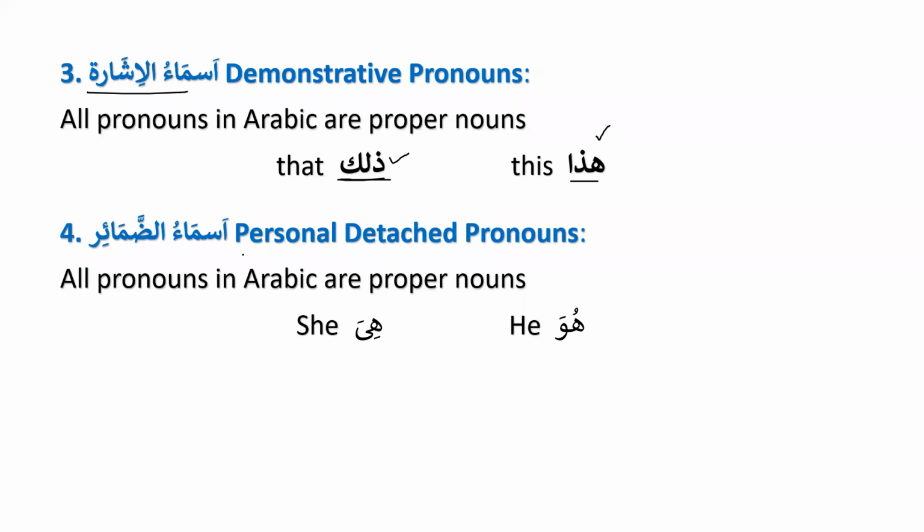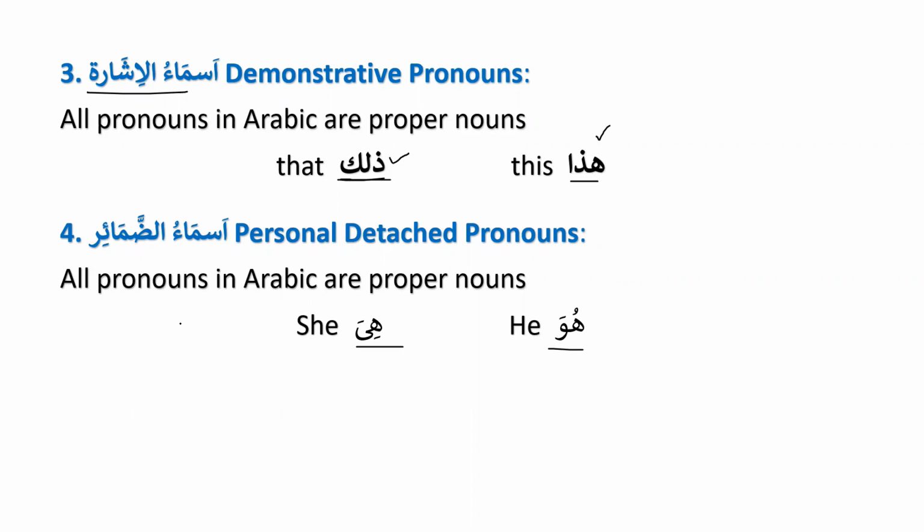And to add to that, number 4, we have asma'ud damair, or we can simply call them ad-damair. That means personal detached pronouns. And inshallah, these are the ones that we are going to learn today. Huwa means he, and hiya means she. So these 4 are definite nouns. They are marifa.